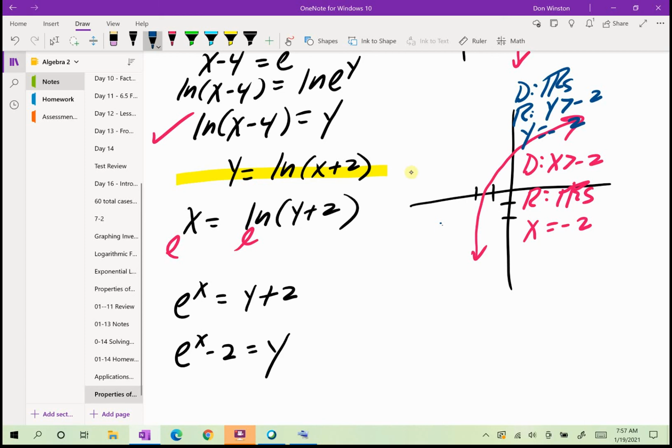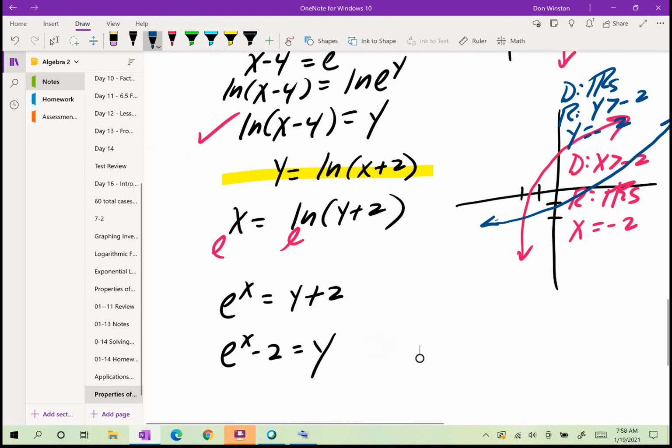So it will look something like this. Okay. So there, I'd have a horizontal asymptote at y is equal to negative 2. And that would be the inverse function here.